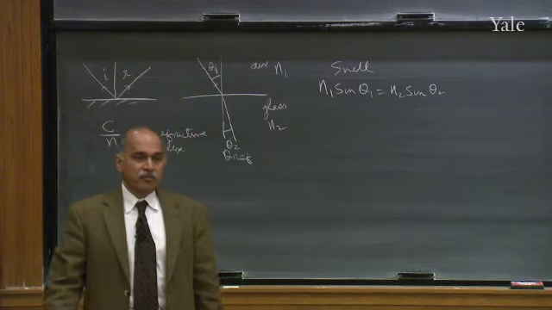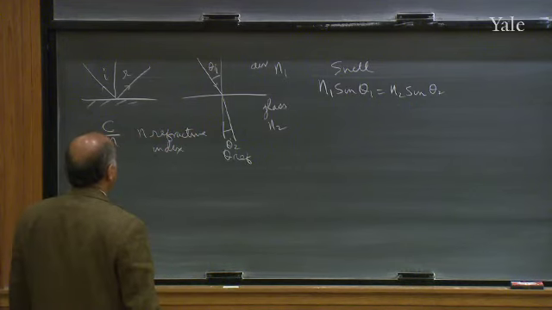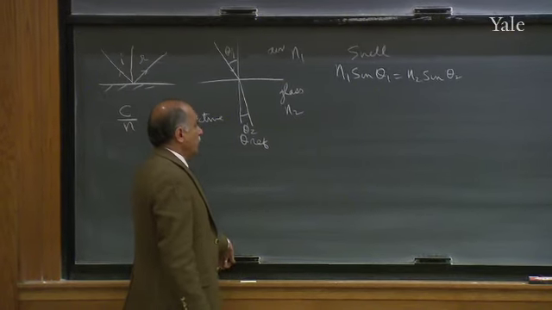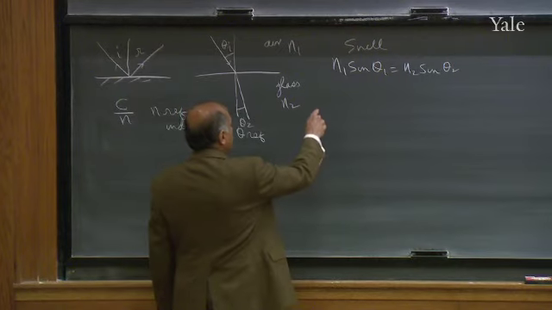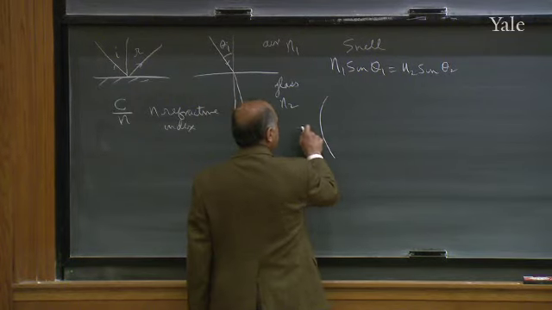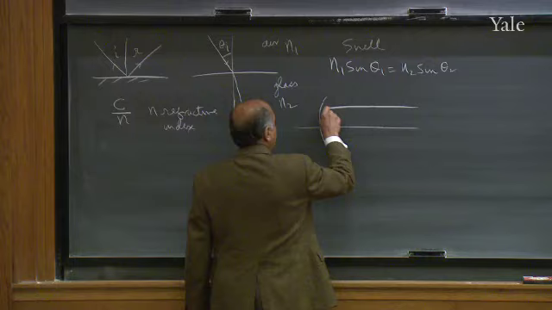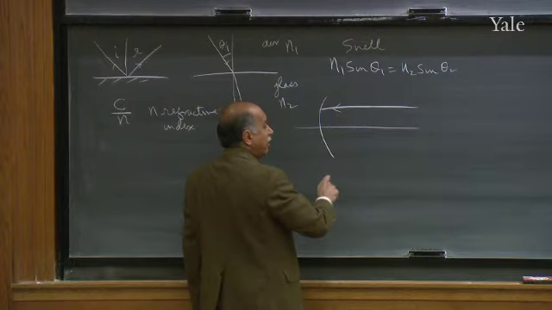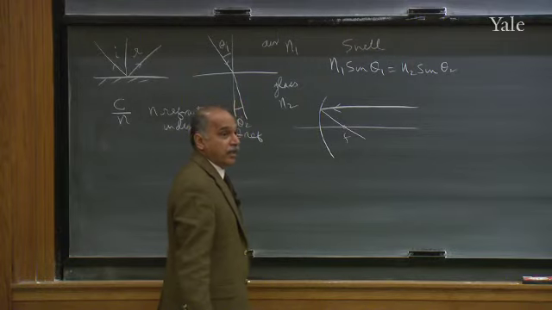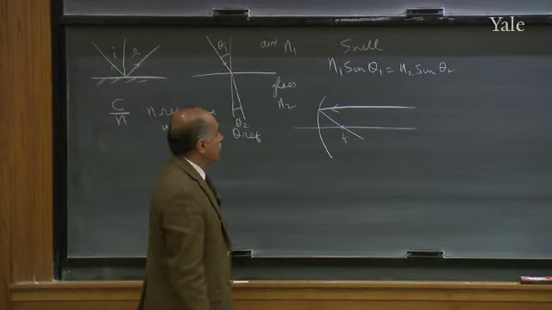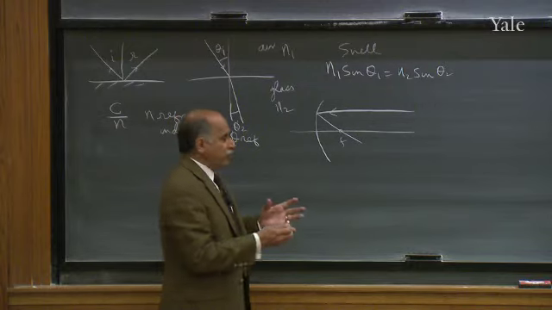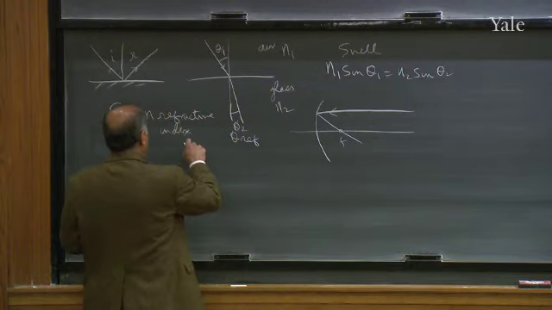So that was done and measured. Then you can look at more things, like parabolic mirrors, where if a light ray comes parallel to the axis, it goes through what's called the focal point. Every parallel ray goes through the focal point, so you can use it to focus light.